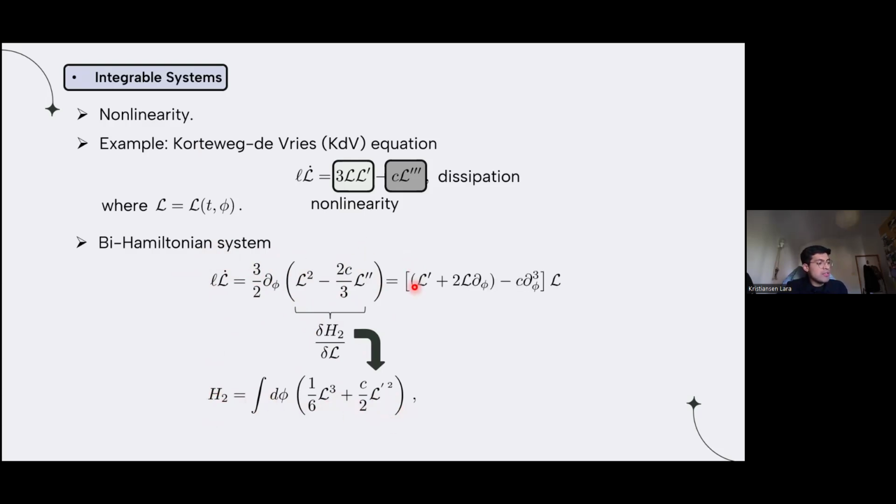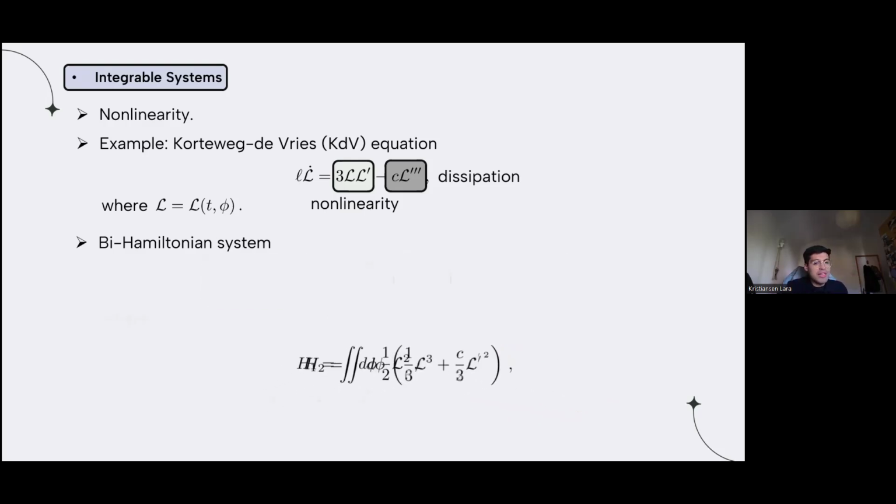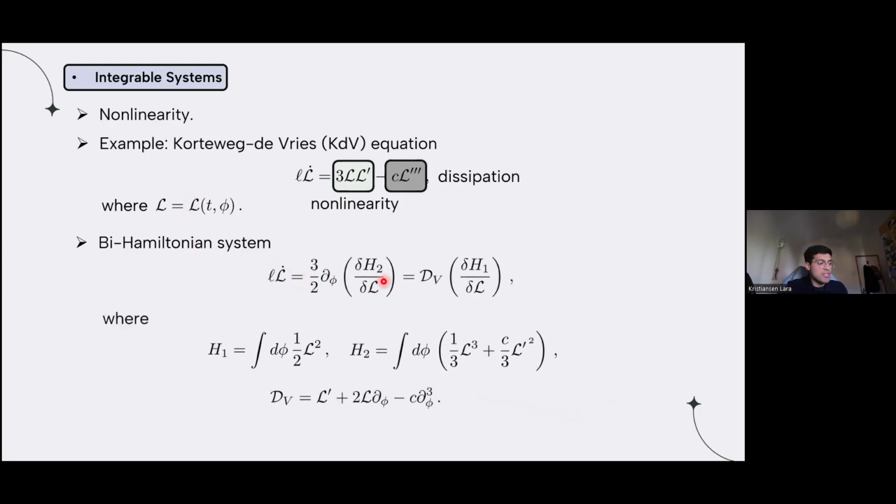On the other hand, it is possible to rewrite the KdV in this form and observe that L can be rewritten as the functional derivative of H1 with respect to L. Therefore, it is possible to read H1 in this form. So basically, I have rewritten the KdV equation in these two different but equivalent ways, like you can see here, where Dv is this operator that you can see here.